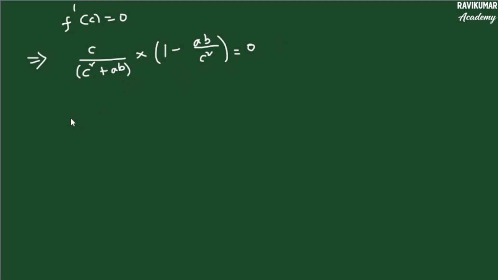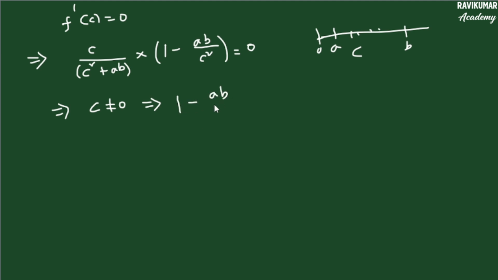Right? Because c lies between a and b, somewhere in between, and a is greater than 0, c cannot be 0. Since c is not equal to 0, and c by (c square plus ab) cannot be 0, we have only one possibility: 1 minus ab by c square must be equal to 0.